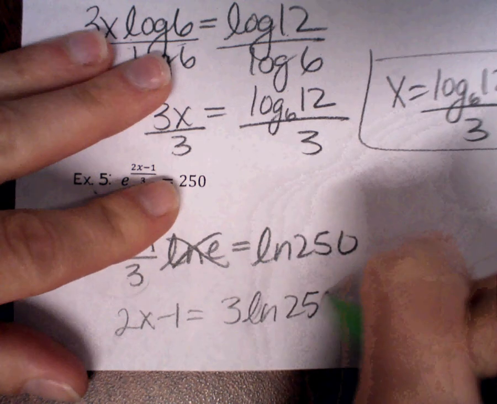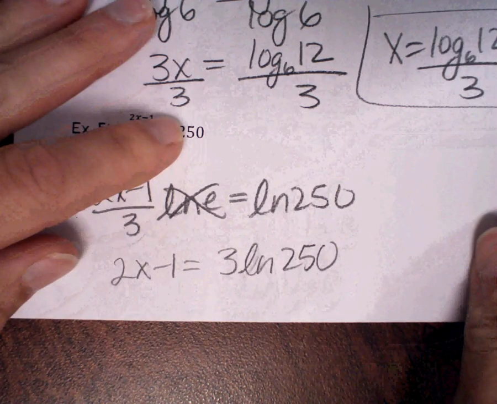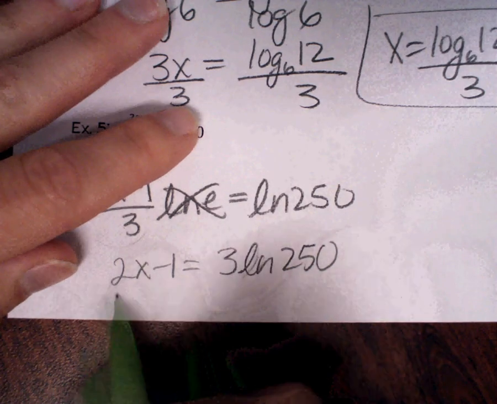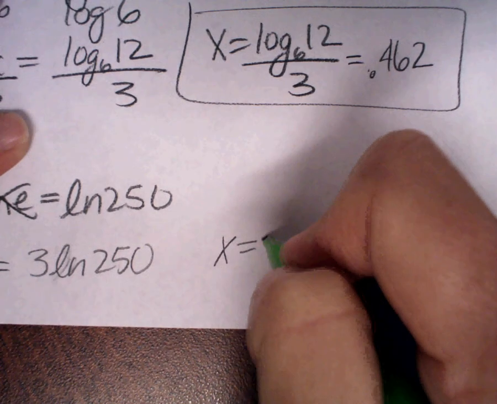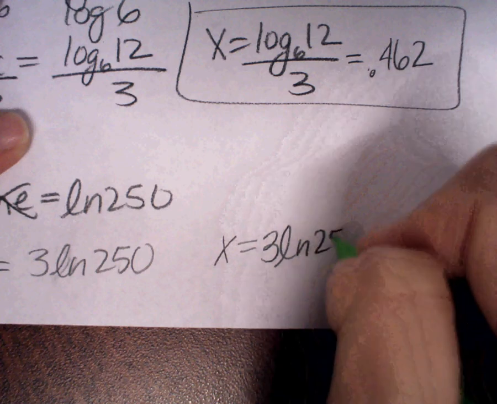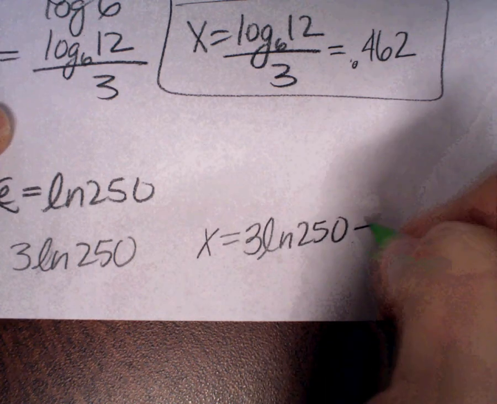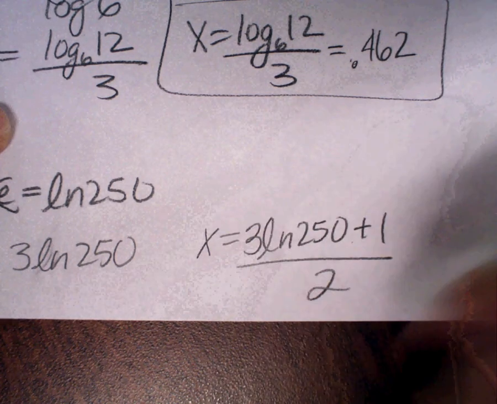Then my last steps would be add 1, divide by 2. So I have x equals 3 ln 250, add 1, divide by 2. Done. Exact answer.